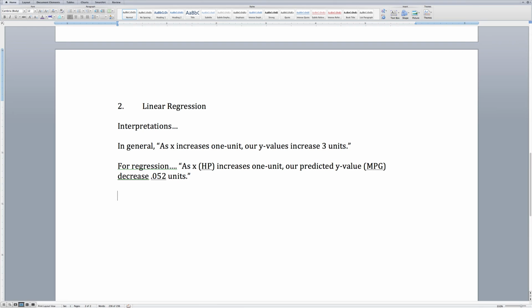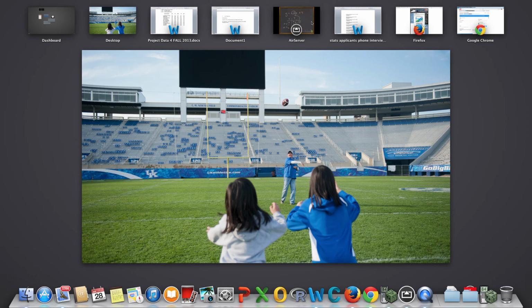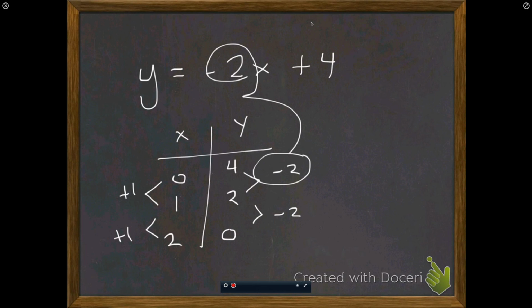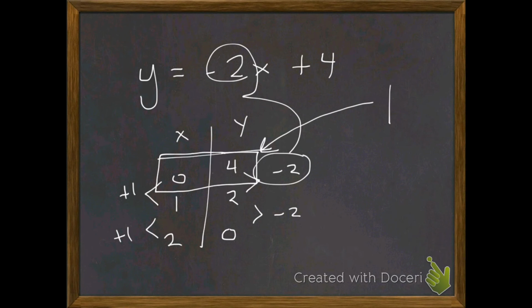Now, let's go back to the illustration here. It's my feeling that, again, if you were taught well, your professor, instructor, teacher, whatever it may be, would have put a lot of emphasis on this line right here, pointing out to you that when x is equal to 0, y is equal to 4.